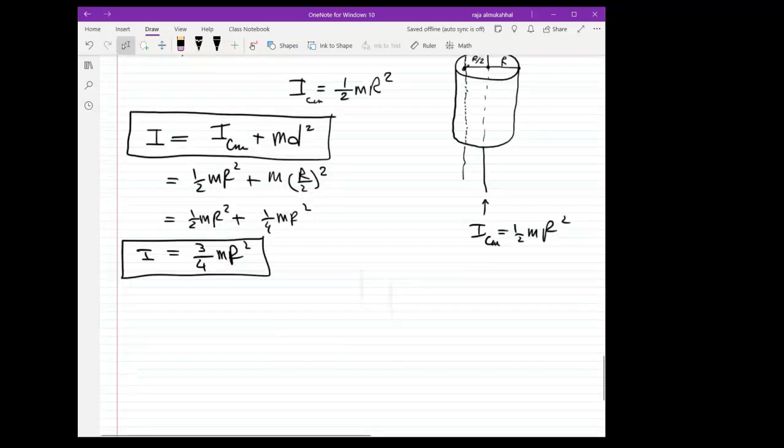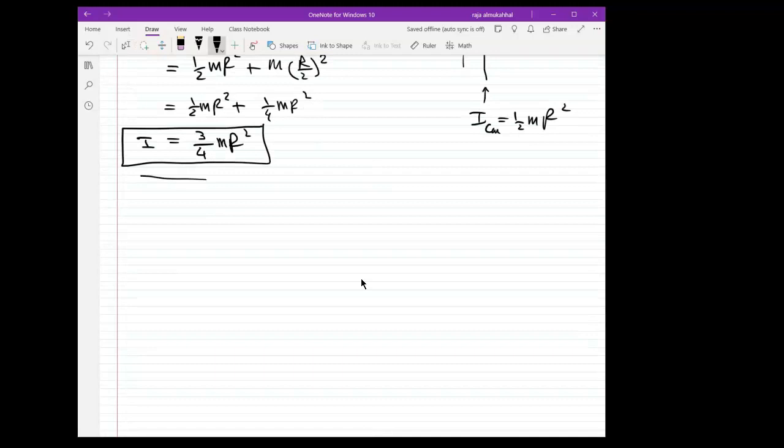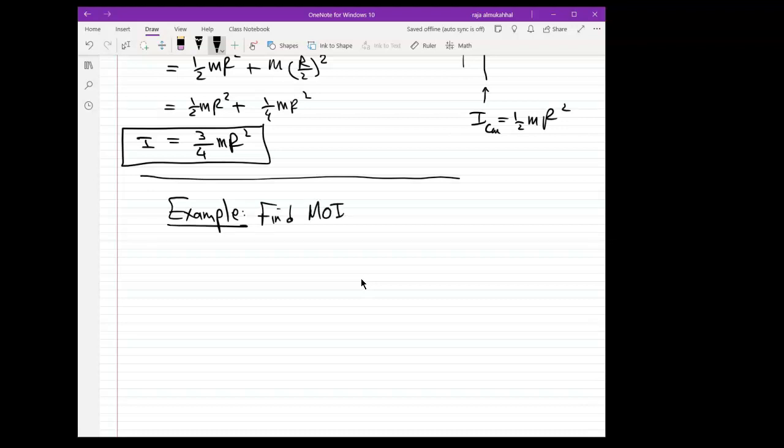Another example that is cool to use the parallel axis theorem, it says find the MOI, moment of inertia, of a thin rod about an axis through one end.